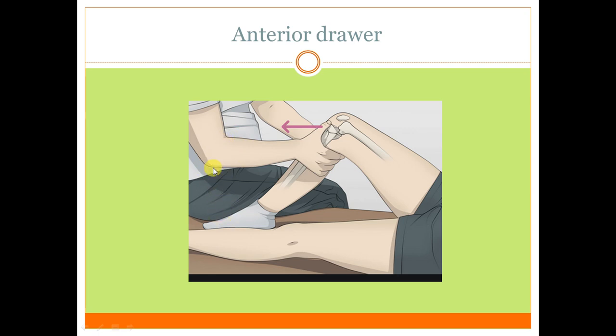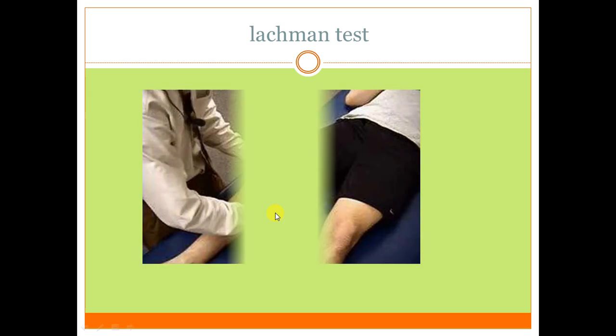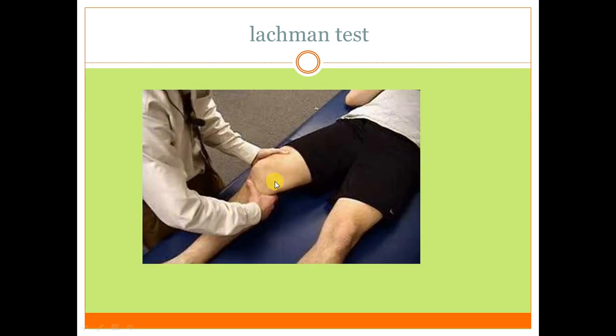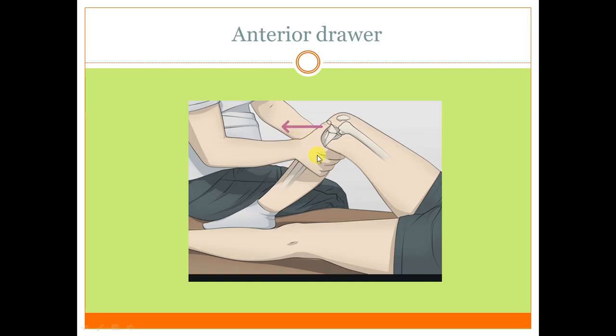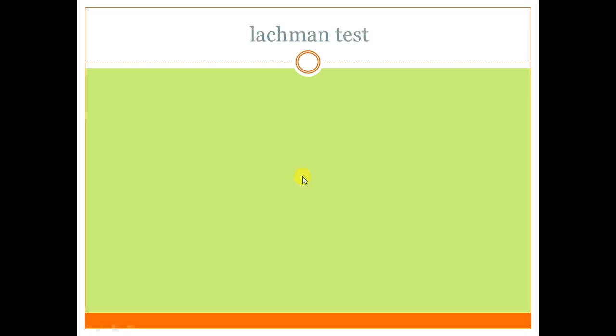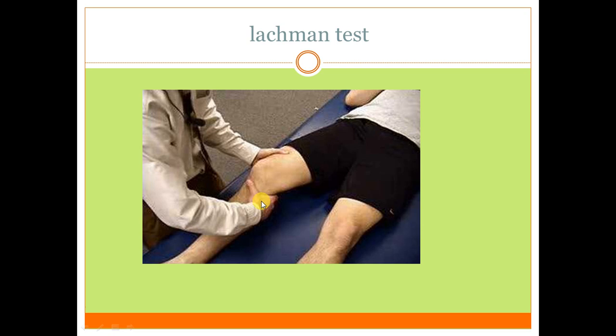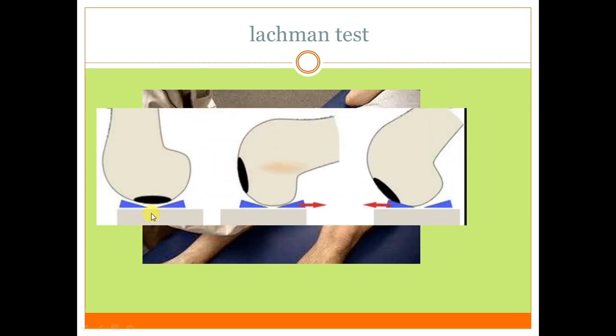It's very painful, so use your elbow. Don't sit on her foot. Lachman test: you do the same anterior drawer, you draw the tibia anteriorly, but in 30 degrees. Why 30 degrees? Because there is a secondary function of the posterior horn of the medial meniscus.